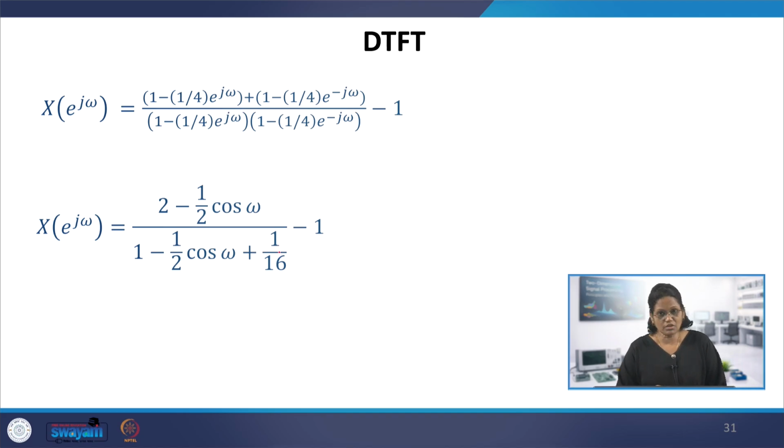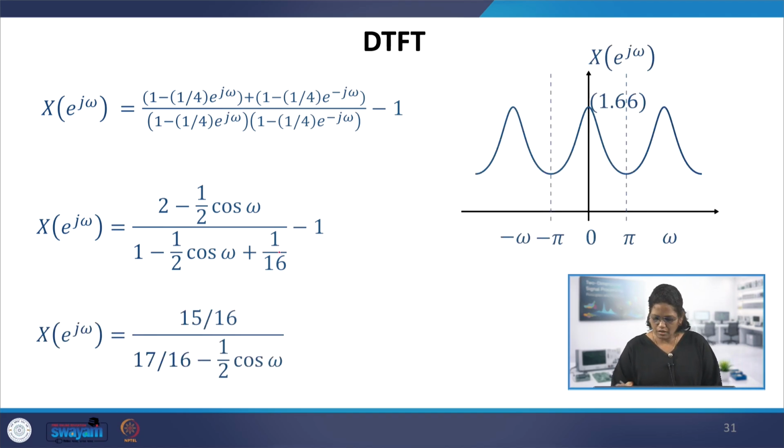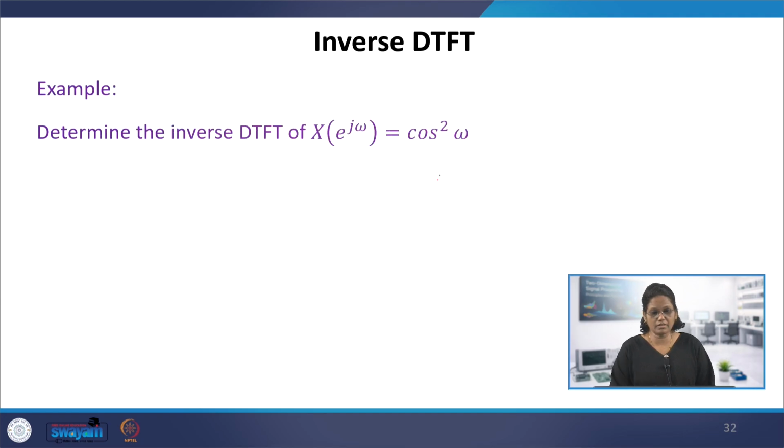If you plot this with respect to omega, x of e power j omega is a continuous function which is repeating. The discrete nature of this sequence results in periodicity, and the sequence is aperiodic, which makes the spectrum continuous. So this is the spectrum, where we can vary omega and plot these values to get this spectrum here.